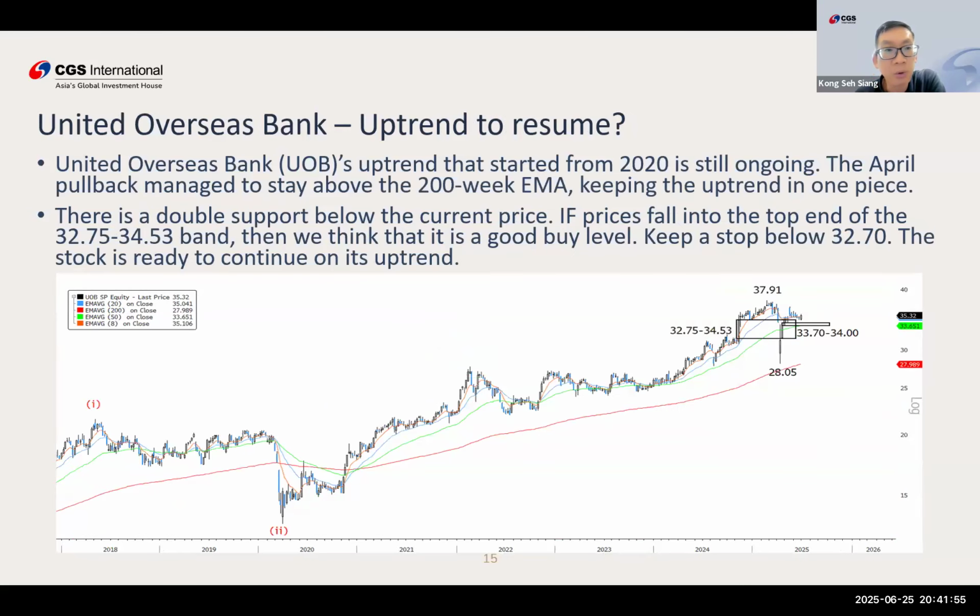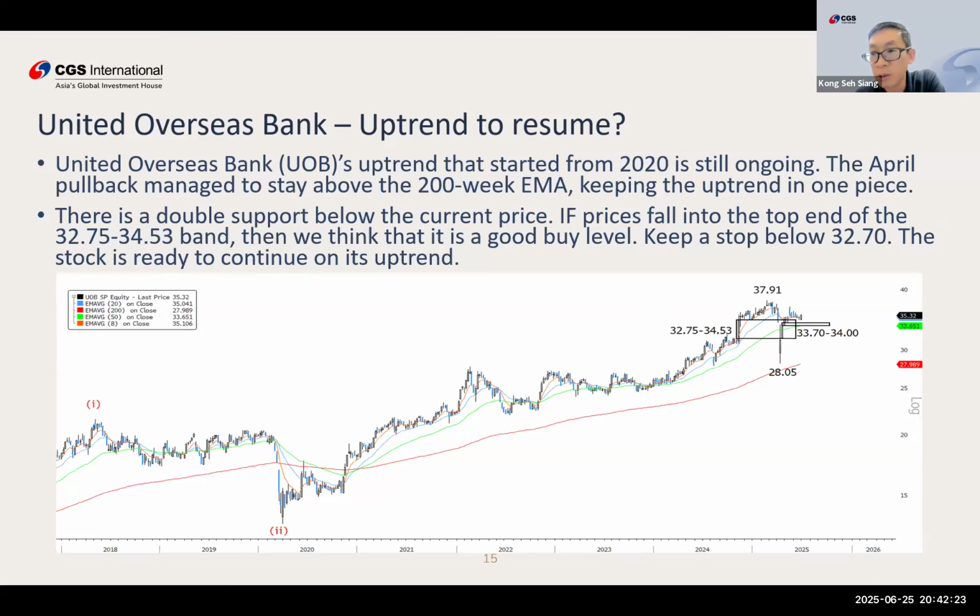So what about Singapore? UOB also clearly satisfies its long-term uptrend. It could be in some sort of short-term consolidation in the near term, but with prices still in a long-term uptrend, any pullback or weakness in the near term should find support close to about the 32.75 to 34.50 levels. We think that is a good buy level for UOB longer term.